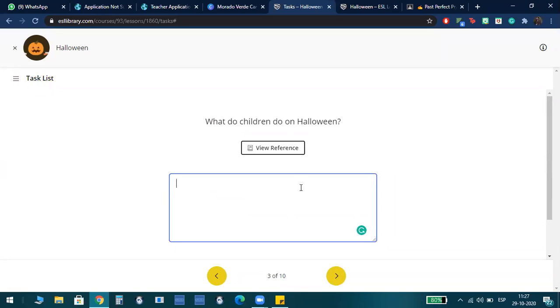Go out looking for treats. Okay, they go out, ask for treats. They carve pumpkins and decorate. No, they don't. Pumpkins.